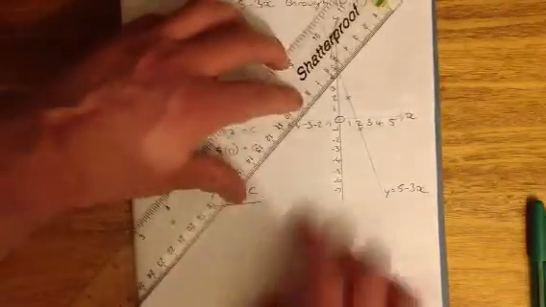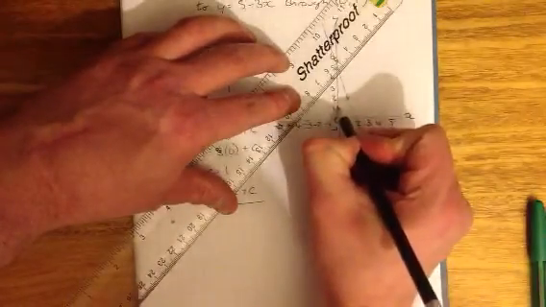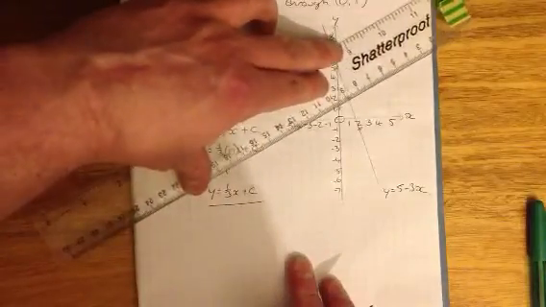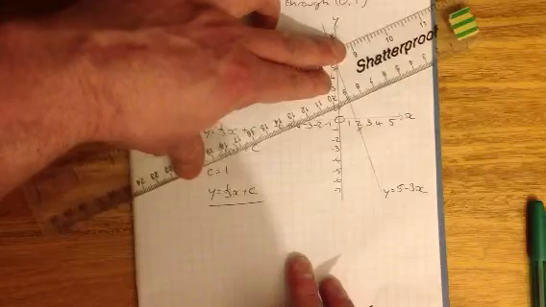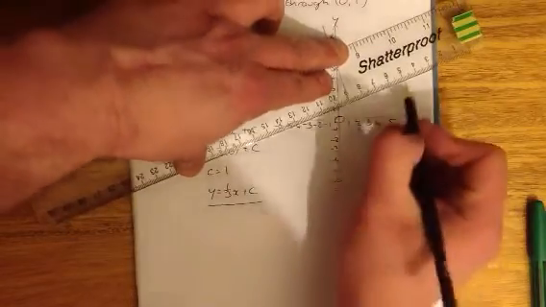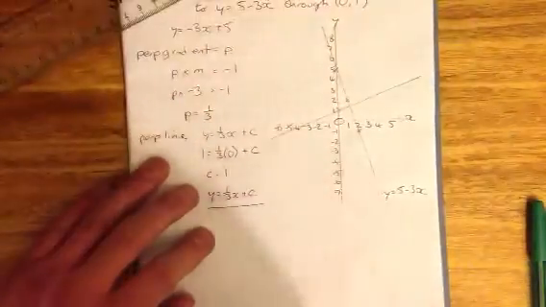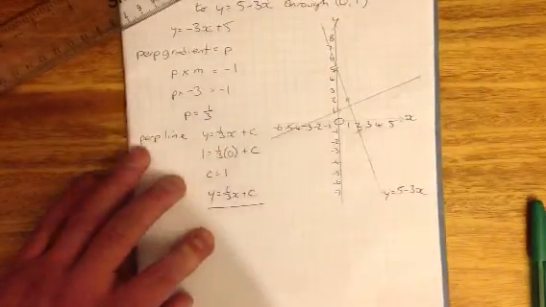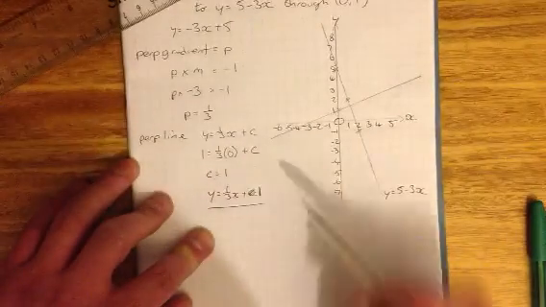Just to confirm that, okay, the point 0, 1 is there. And it's going to meet that at right angles. I'm just drawing this really roughly. Okay, we notice the y-intercept is 1.